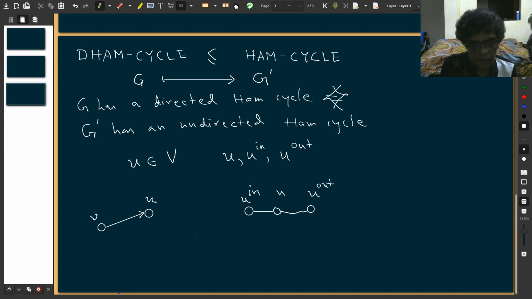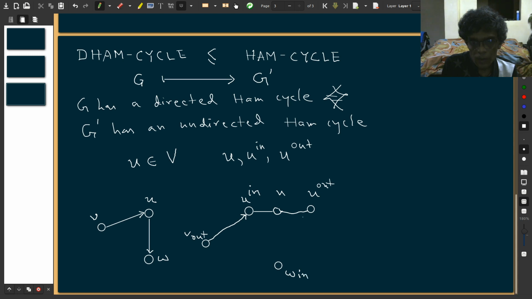For each such connection, I will give v out to u in. So, outgoing edge, incoming edge. Likewise, if I have a vertex w and I have an outgoing edge here, so there will be some w in somewhere.